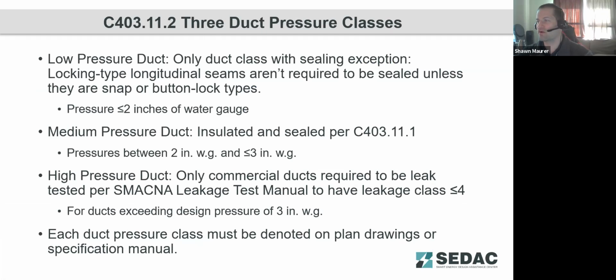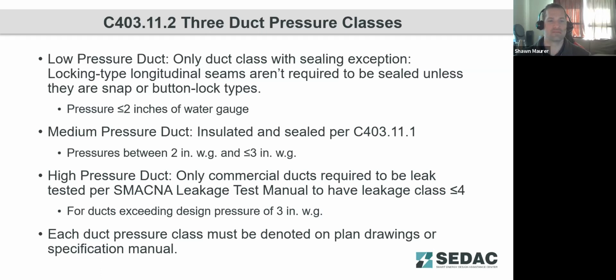Something else to be aware of when looking at mechanical systems is there are 3 duct pressure classes, and the Energy Code does specify in the text, C403.11.1, that those pressure classes must be called out either in the plans or the specification manuals. But you've got low pressure duct systems where the pressure design is less than 2 inches of water gauge. These are the only commercial ducts that do not have to be sealed along all joints.